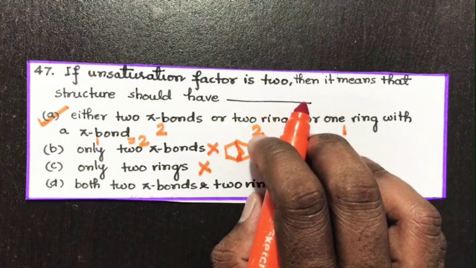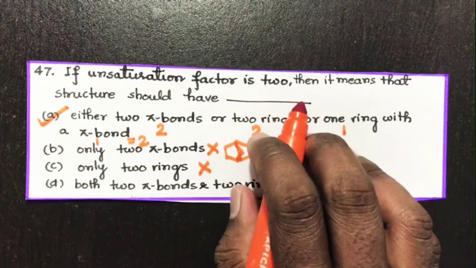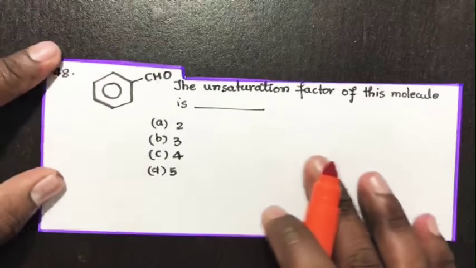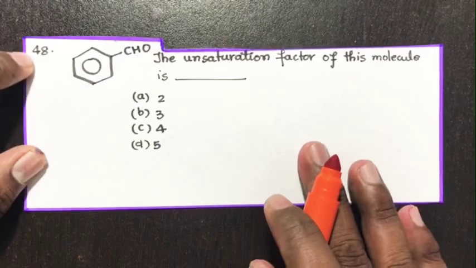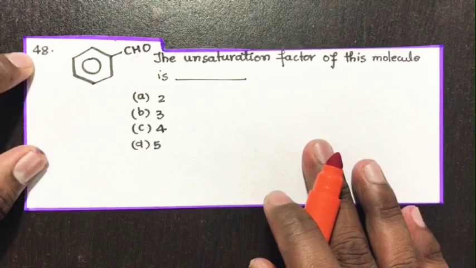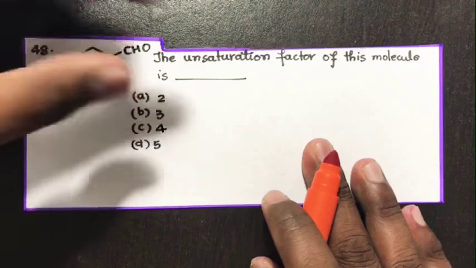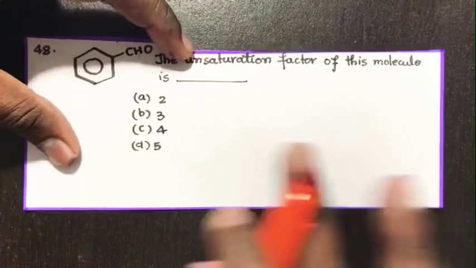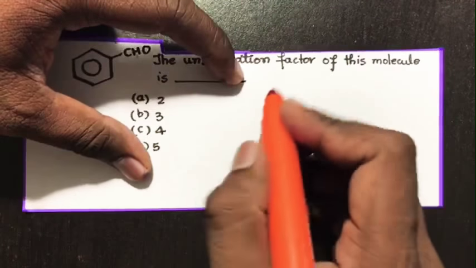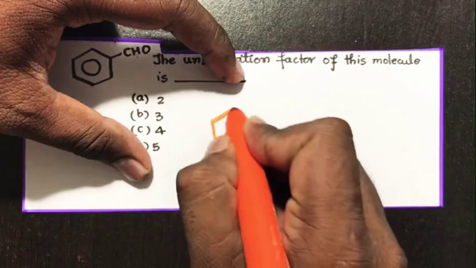Now coming to question number 48. In this problem we had to find the degree of unsaturation, that is the unsaturation factor, for this molecule. This is the benzene ring, so let's draw the structure here.